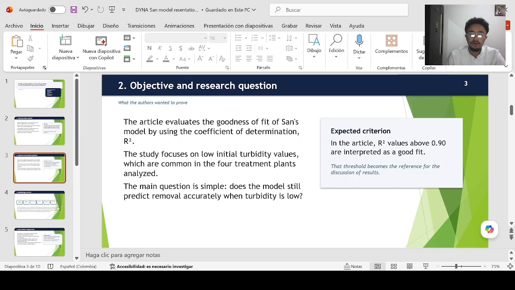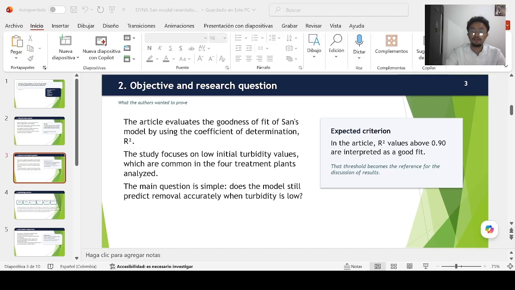So for another part, we can see the objective, and the objective is simple. The objective of the study is to evaluate the goodness of fit of the SAM model using the coefficient of determination, or R square term. In simple words, the researchers want to know how close the model is to the real experimental data when the initial turbidity is low.